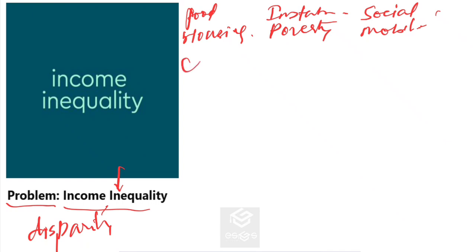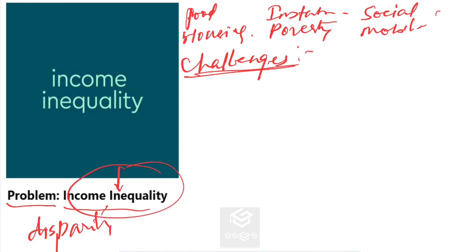Then what can be the challenge for tackling this problem? Let us see. The challenge in addressing this income inequality related problem lies in the system structure that perpetuates wealth disparities, including unequal access to education, healthcare, and job opportunities.